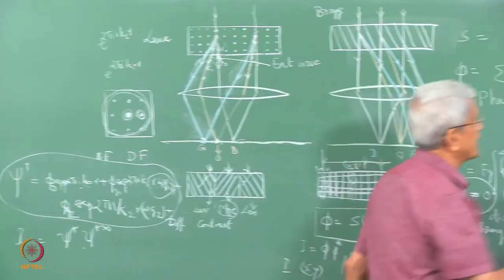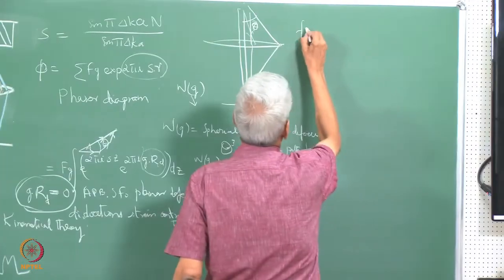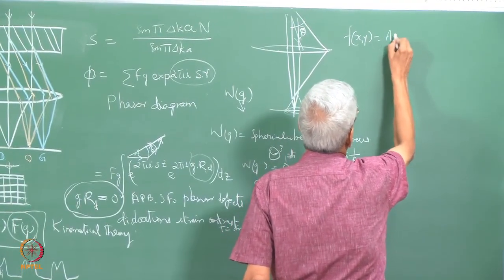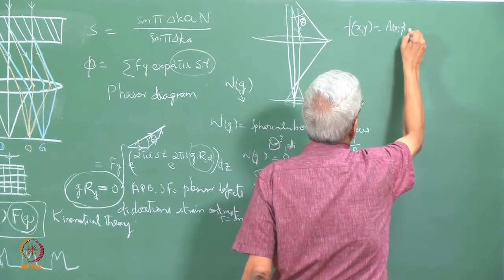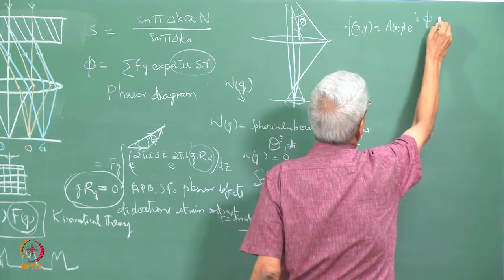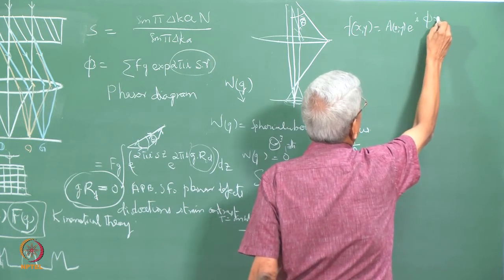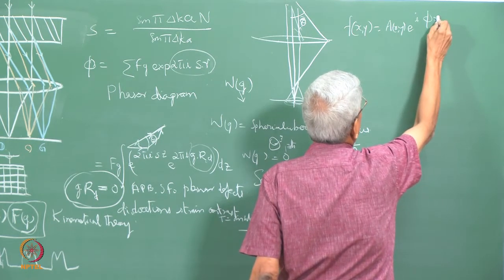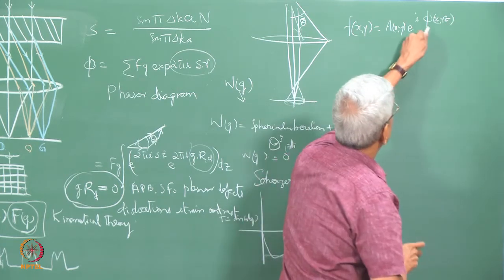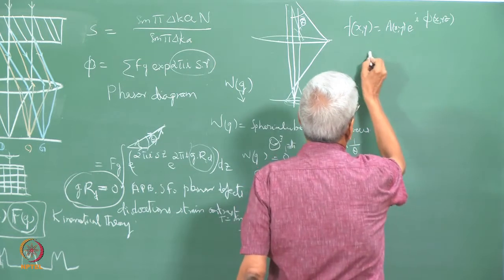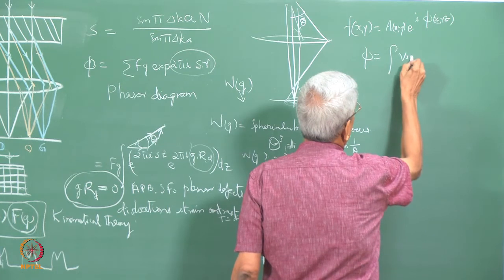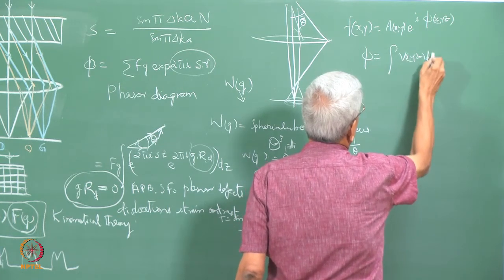That is how we write this as f of x y, a sample, is A of x y, some amplitude, times exponential i phi of x y z. We assume that phi itself can be taken as some integral of the potential V of x y z, integrated over z.